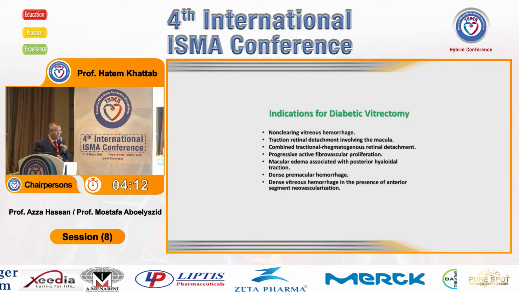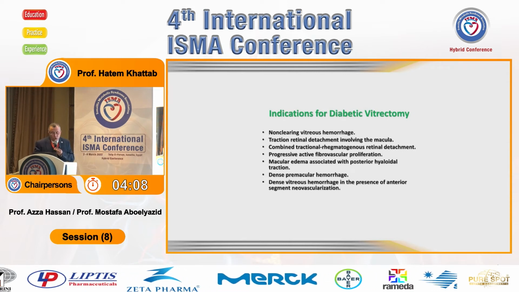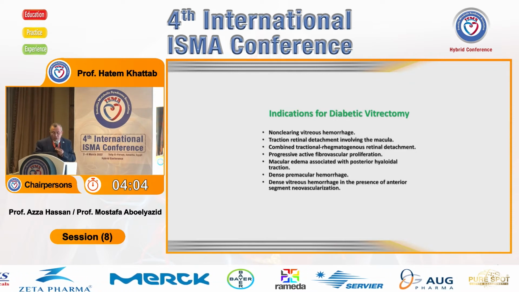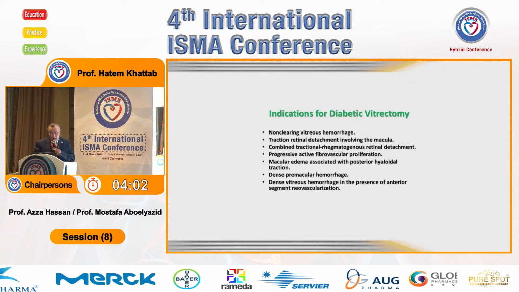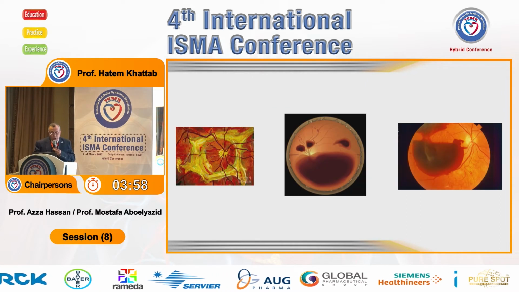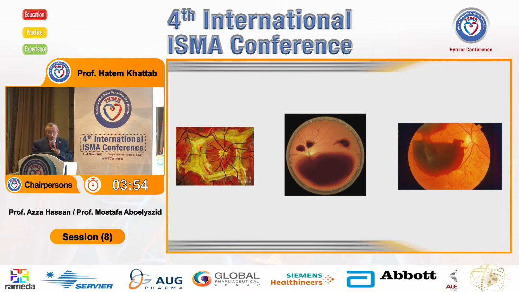These are the main indications of vitrectomy in the diabetics: non-clearing vitreous hemorrhage, traction retinal detachment involving or threatening the macula, combined traction or rhegmatogenous retinal detachment, macular edema associated with posterior hyaloidal traction. This is an example of the main indications of diabetic vitrectomy in ophthalmology.